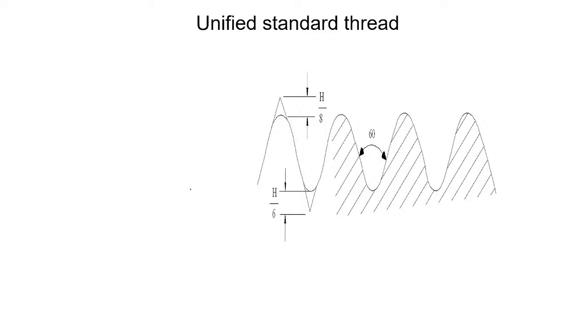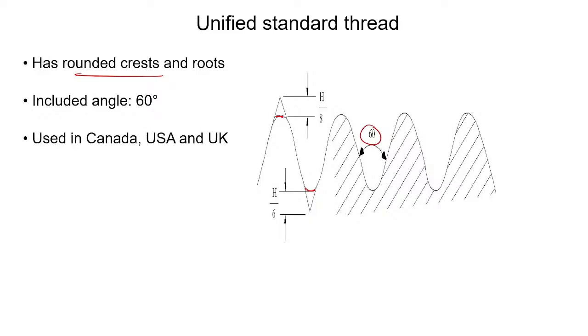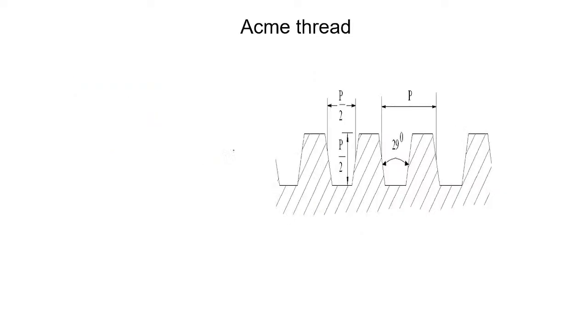Unified standard thread once again has rounded crest, and the angle included between the flanks is 60 degrees. It is preferably used in countries like USA, Canada, and UK.